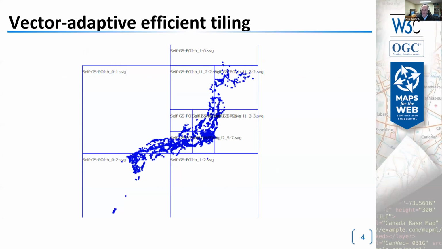And so for raster data, standard tile systems seem to make more sense, plus or minus the different APIs that are used to access them. But for vector data, because vector data is meant to be efficient, an adaptive tiling system has real performance benefits.